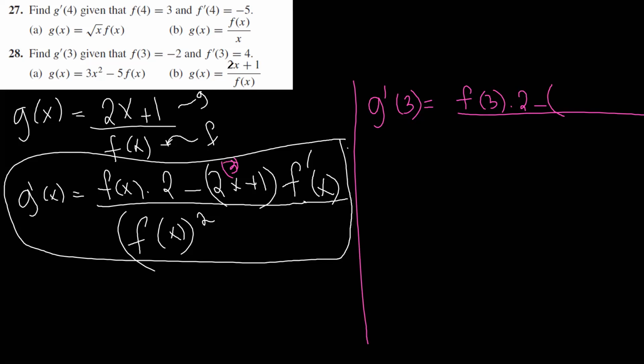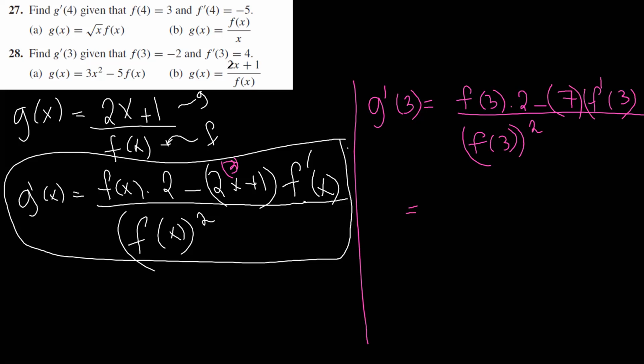So 2 times 3 plus 1, that is 7, times f prime of 3, over f of 3 squared. Okay, then keep it as f of 3 squared.